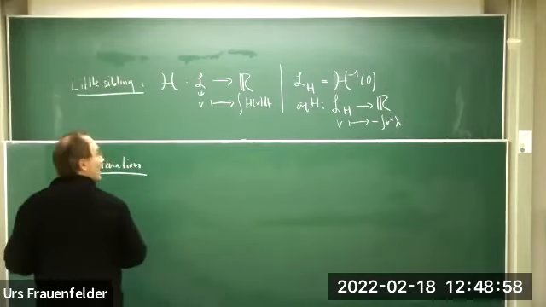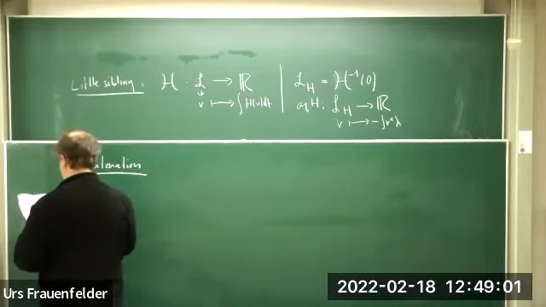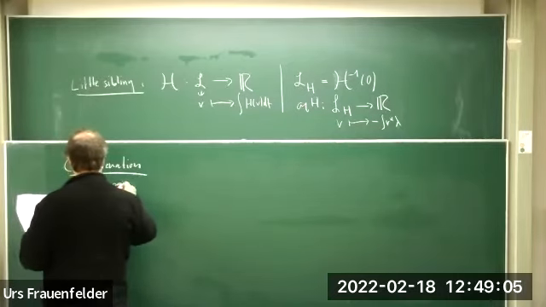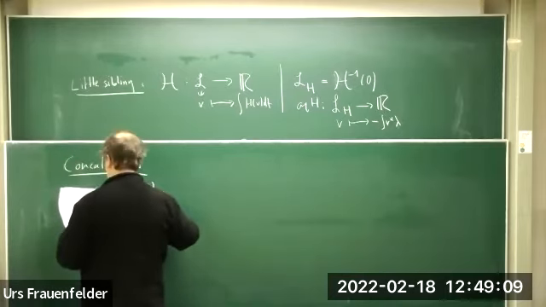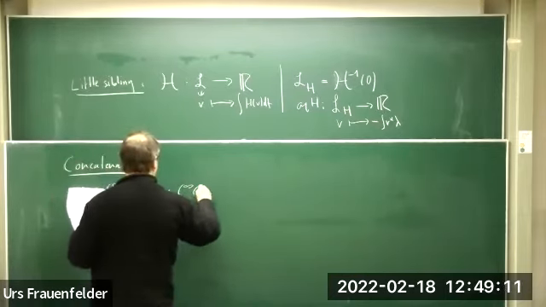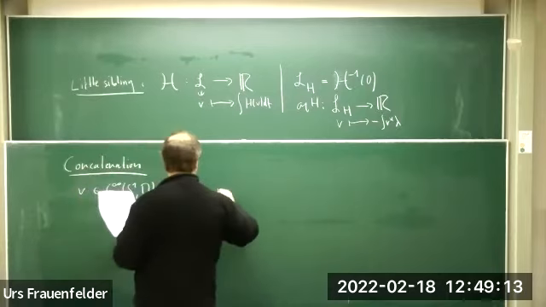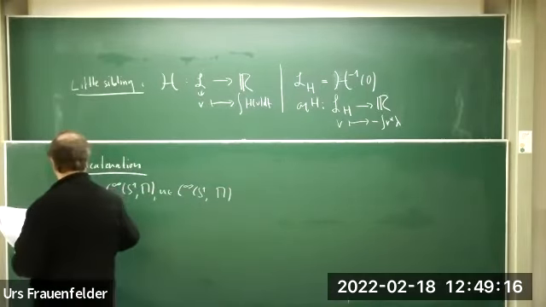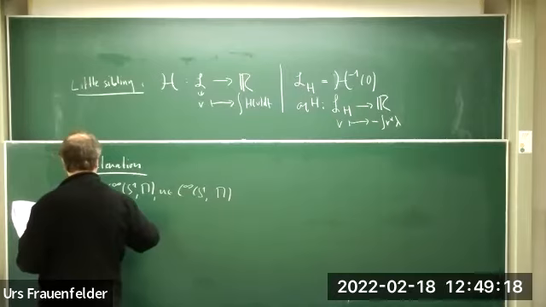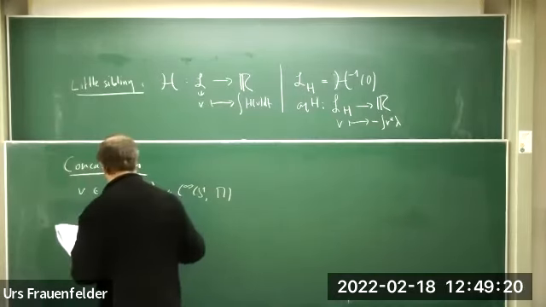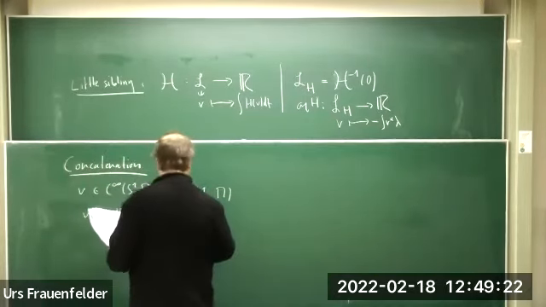So if we have two loops which start and end at the same point, then we can concatenate them.